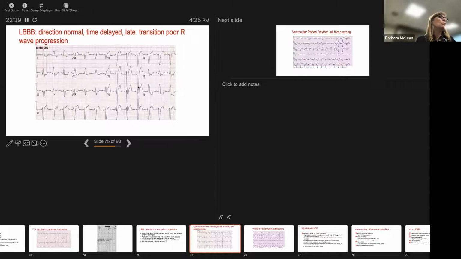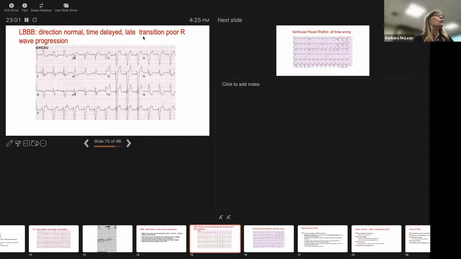Look how down you are on the right side and how up you are on the left side. Now, that up on the left side is smaller than you would expect with left ventricular hypertrophy because of the left bundle branch block. This is a patient with both left bundle branch block and left ventricular hypertrophy.